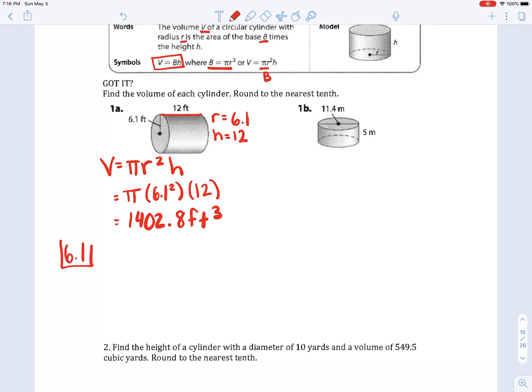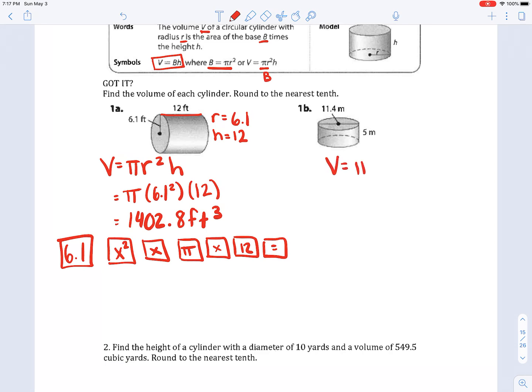So again, the buttons on your calculator, you would want to do 6.1, hit the squared button, times pi times 12, equals. Okay? So always deal with order of operations, PEMDAS, I have to deal with those exponents first.